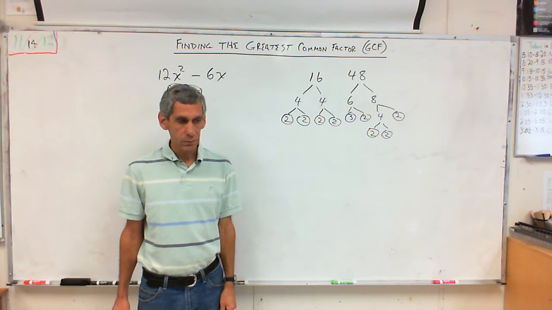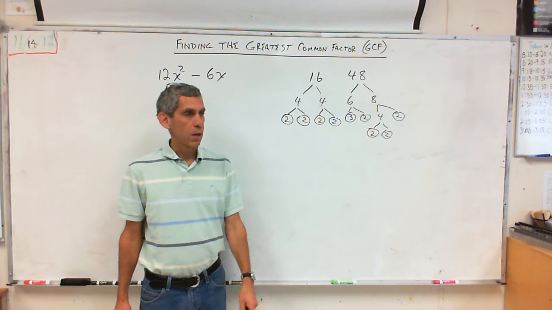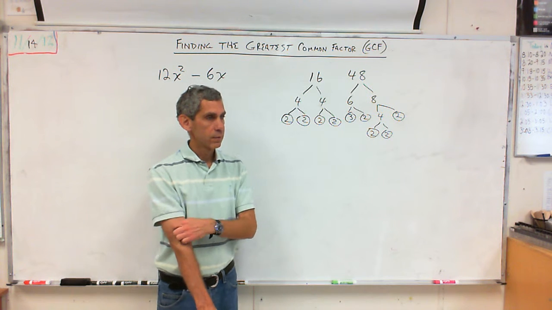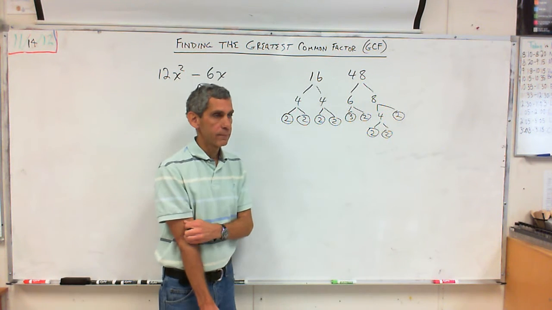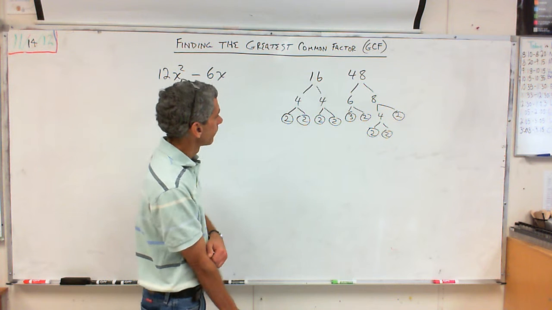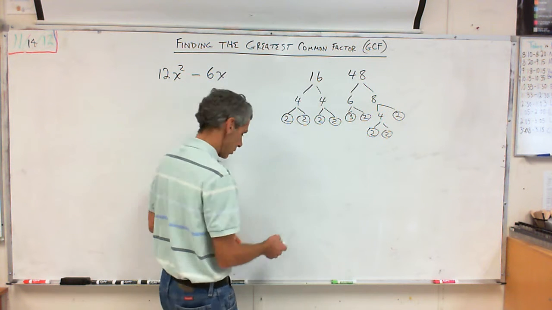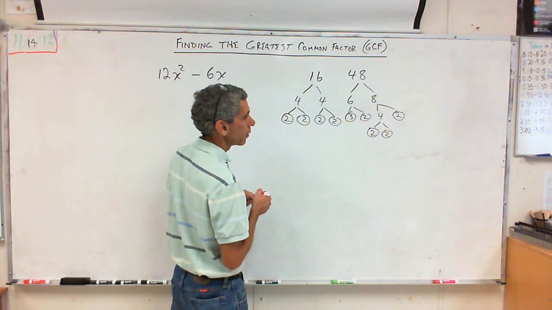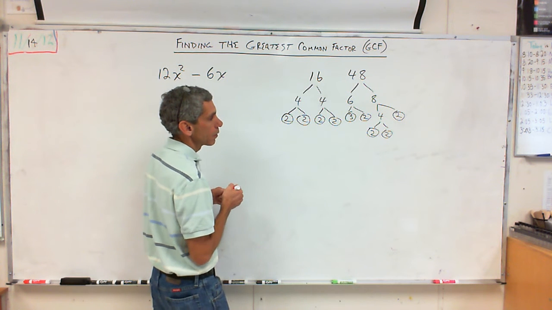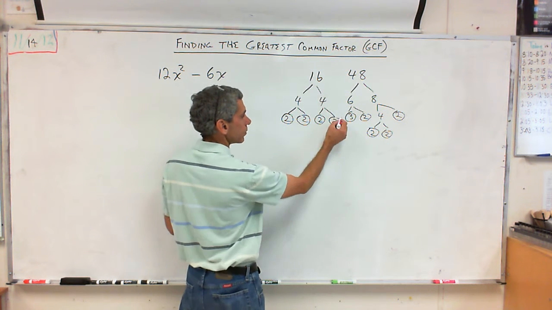You look at all of your numbers and pick out the ones that are common to both sets. Only one of them has a 3, so you can't use the 3. But both of them have four 2s.